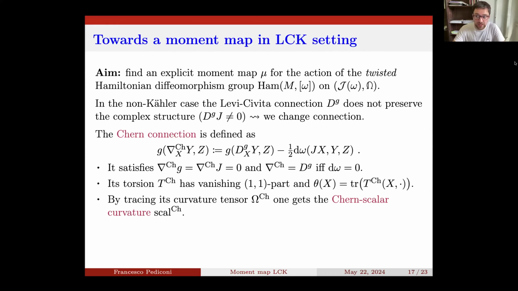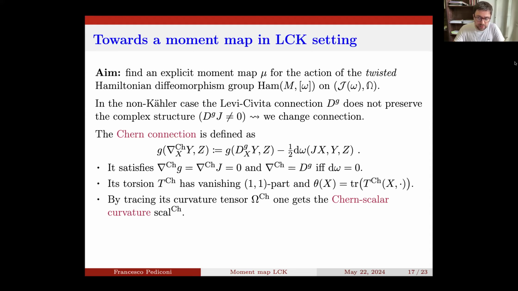Okay, so as I was saying, we decided to change connection. So instead of considering the Levi-Civita connection, we use the Chern connection. And let me briefly recall what this Chern connection is. It is a connection on M defined by combining in a certain way the Levi-Civita connection, the differential of the two-form omega and J, with the formula that you can see on the slides.